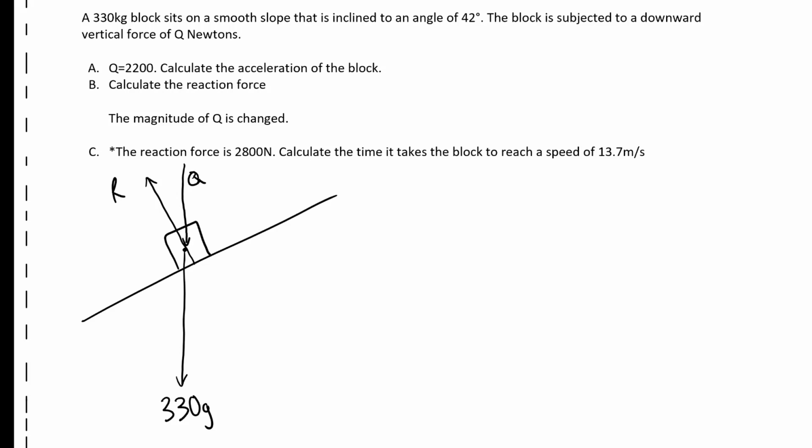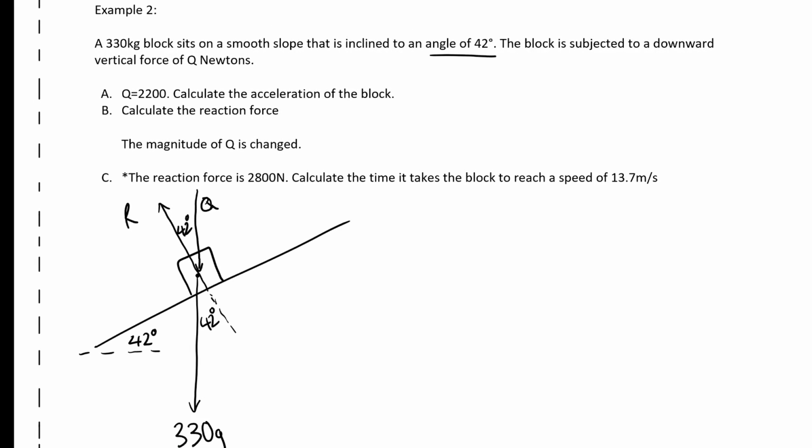So not horizontal like the last one, but vertical. This slope is inclined to 42 degrees. Therefore, the angle in there is 42 degrees. If we look at these straight lines here, the angles between them are the same either side. So that is also 42 degrees. That will turn out to be very useful.